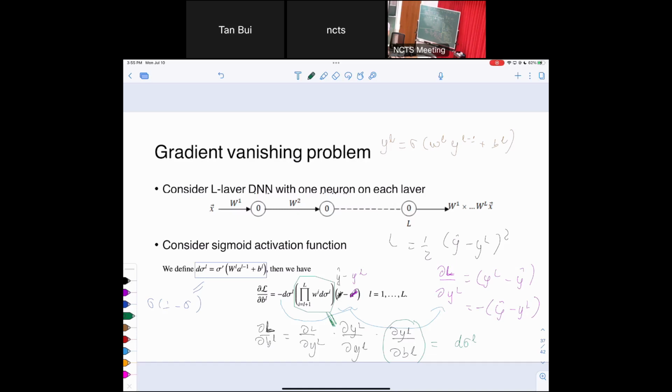That's correct. So we have, right, every layer has a bias right now. We now consider the generic situation where you have a bias in every layer. That's correct. Say it again one more time.